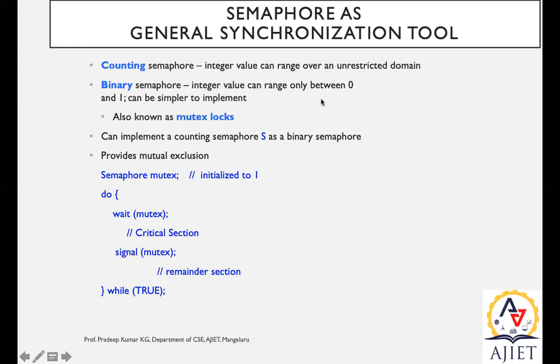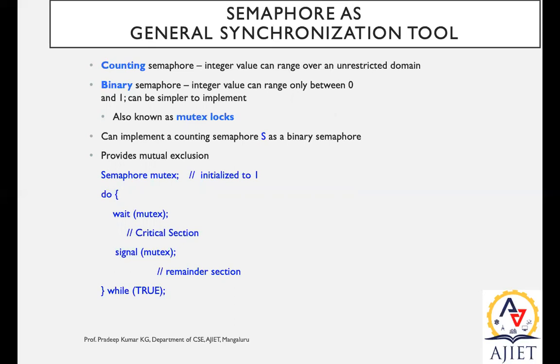The integer value can range only between 0 and 1 and it can be simpler to implement. It is also known as a mutex lock. We can implement a counting semaphore S as a binary semaphore to provide mutual exclusion, with the value only 0 or 1.